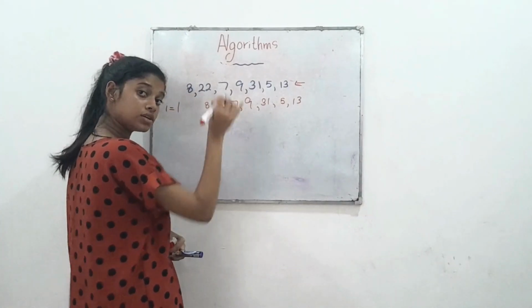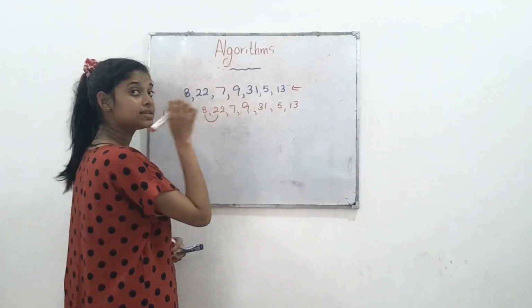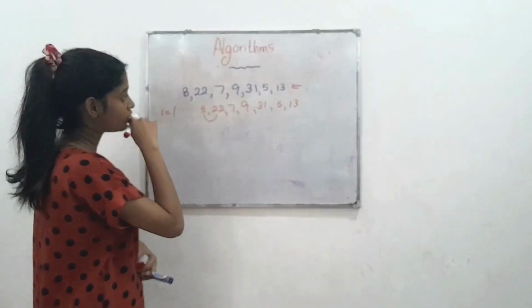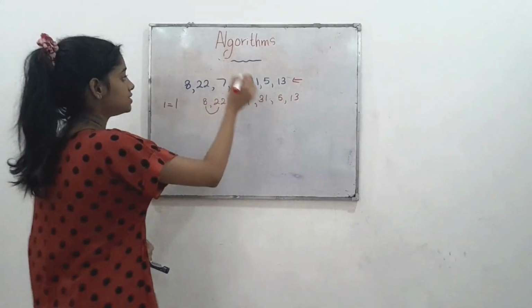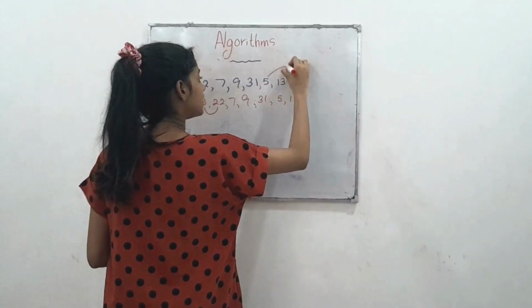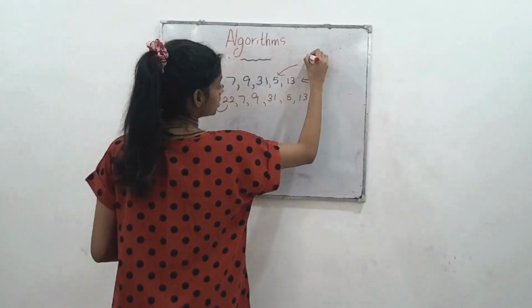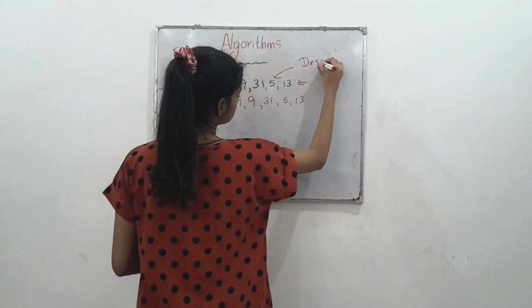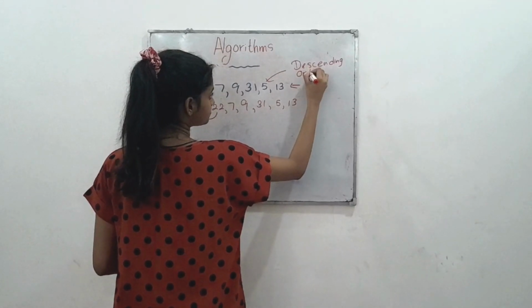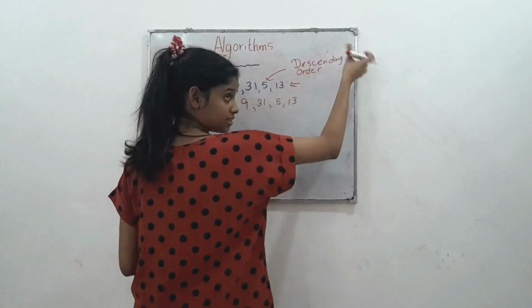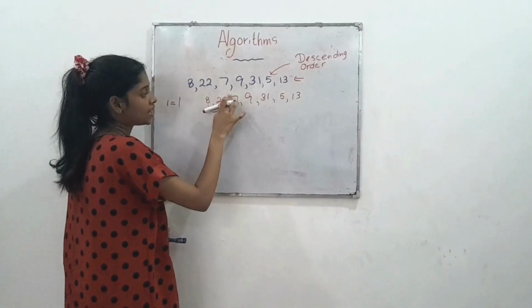You have to check two by two. First of all, I have to consider that this is an array which we want to make into descending order, right?